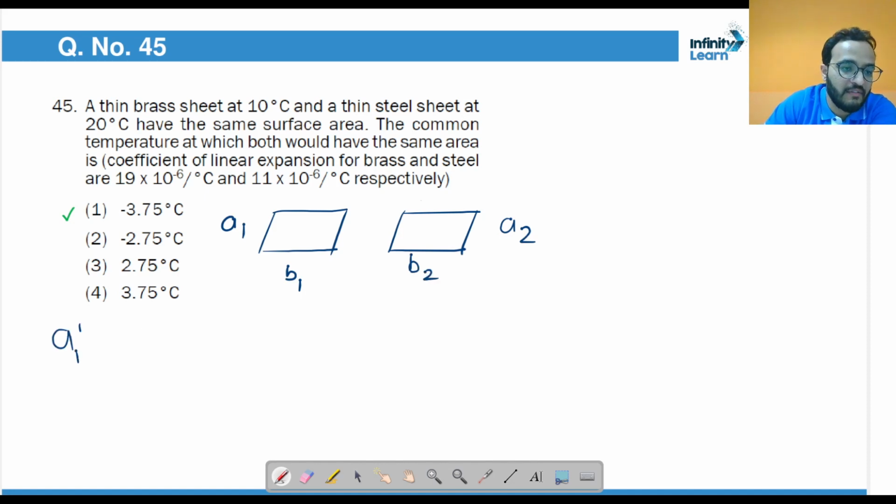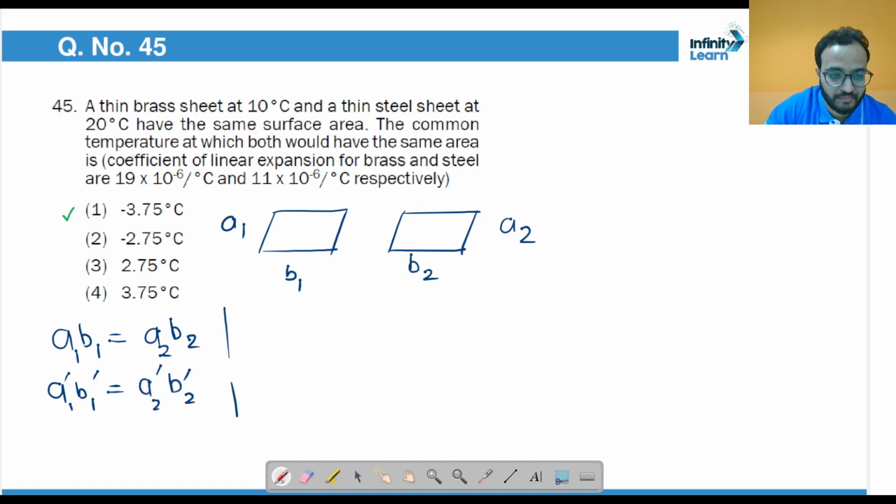So they are saying A1 B1 is equals to A2 B2, right? And A1 dash B1 dash must be equal to A2 dash B2 dash, right? Whenever this is the case, remember always, you can say again beta 1 A1 is equals to beta 2 A2.